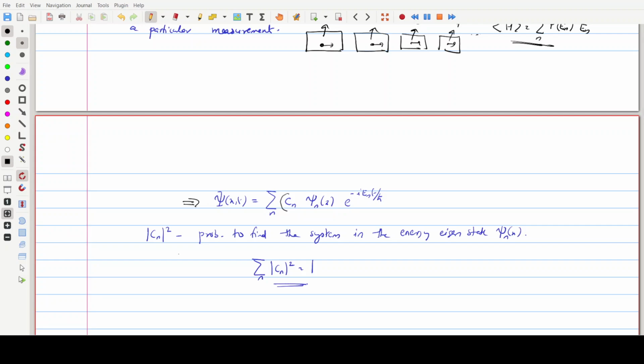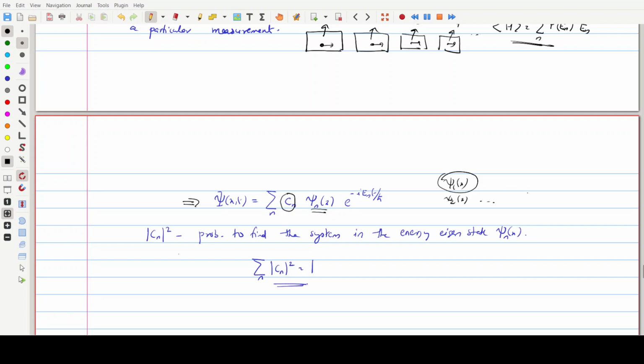So this expansion coefficient cn, its mod cn square, gives the probability to find the system in the state psi n, because this is a superposition of various energy eigenstates psi 1, psi 2, etc. Then, while measuring the system, it will collapse to one of the energy eigenstates.